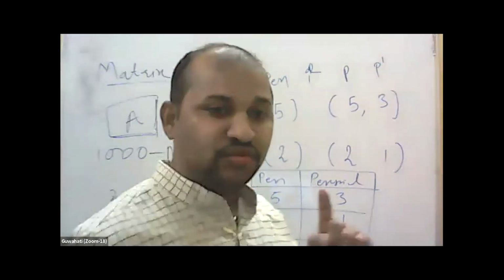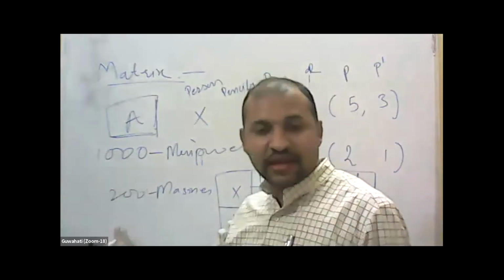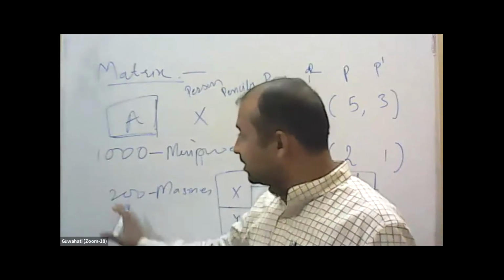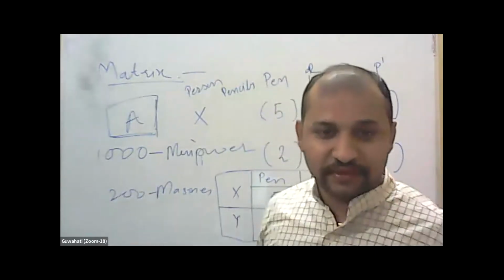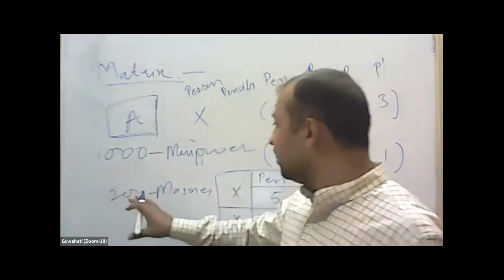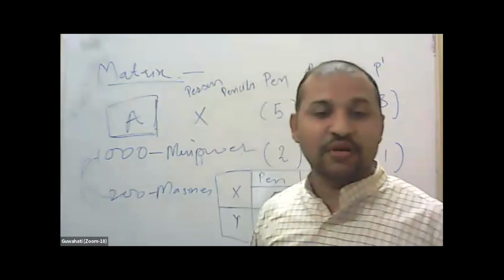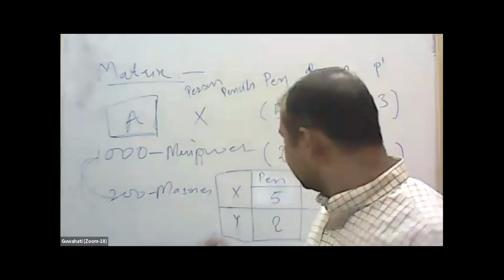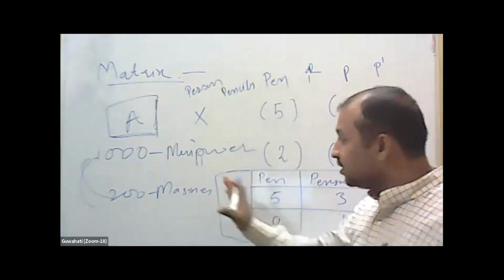Now I have to check the efficiency of each person, right? If I am interested in seeing the efficiency of machines as well as of persons, how can I do that? I can write this information in the form of equations or such tables.